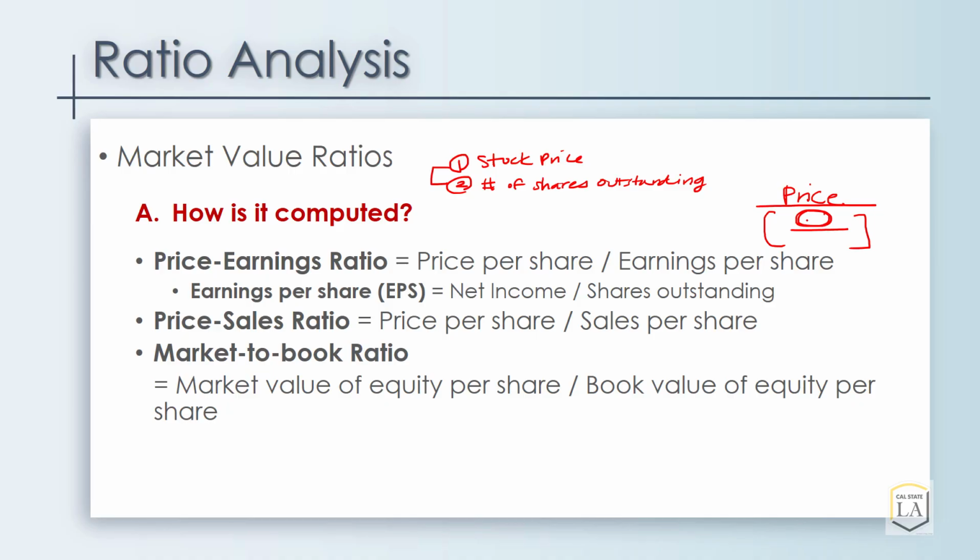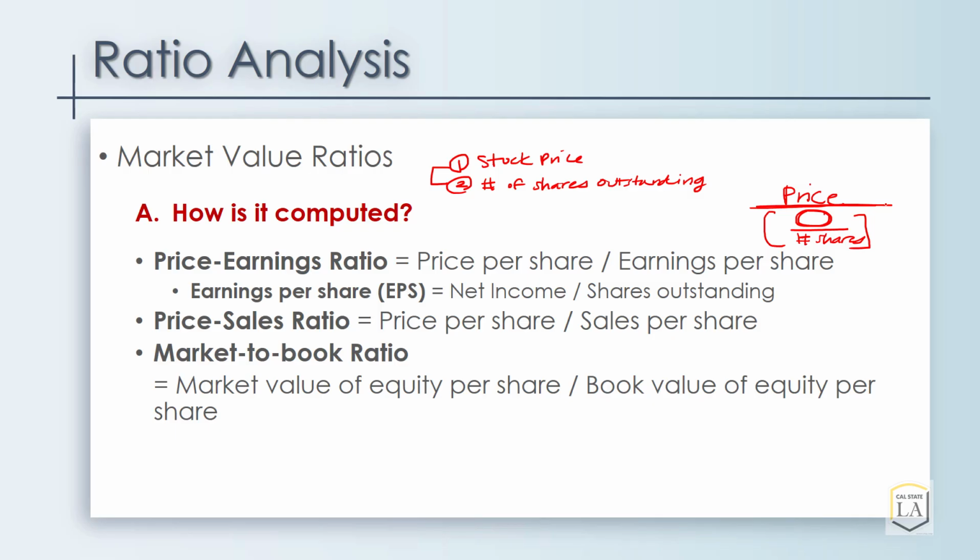A lot of times, you would be using earnings or net income from the income statement, or maybe book value of equity from the balance sheet. Whichever you're using, that will be used as your numerator of the denominator. And then for the denominator of the denominator, you would use the number of shares outstanding. So this is the format of the formula you would be using.